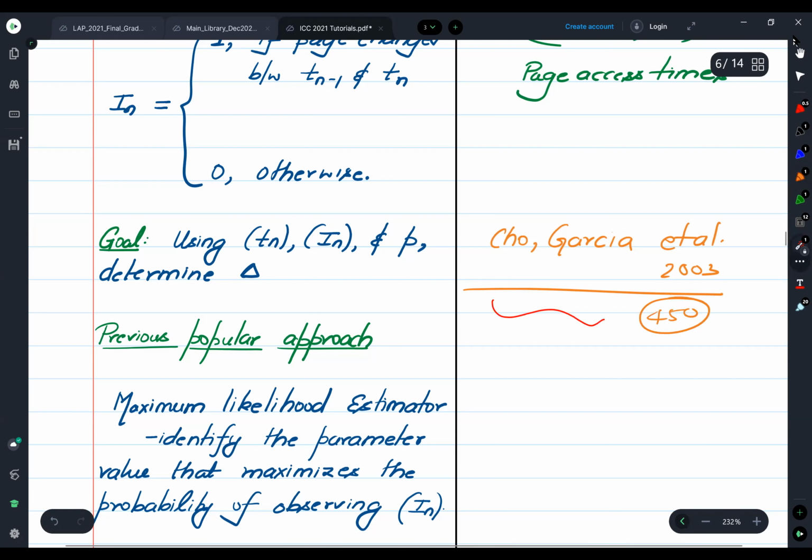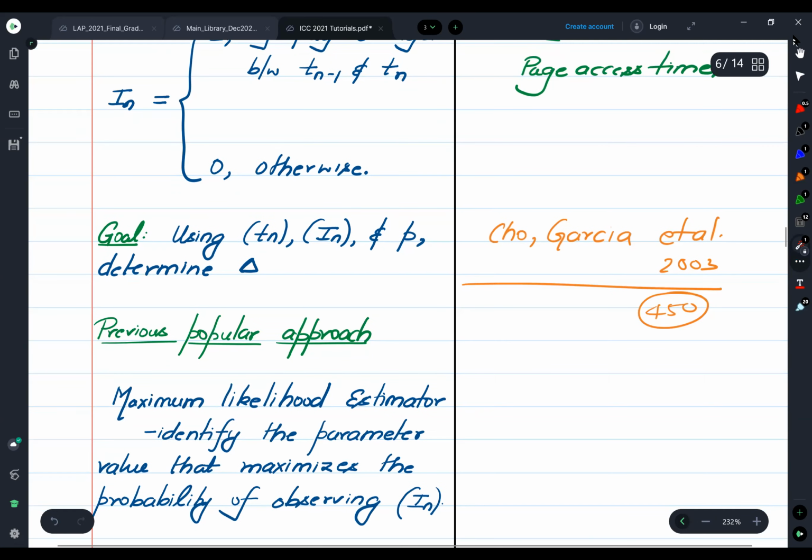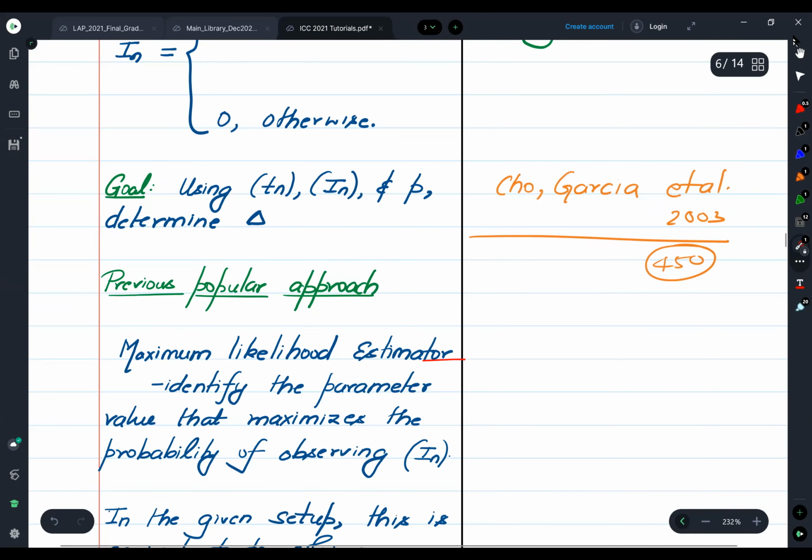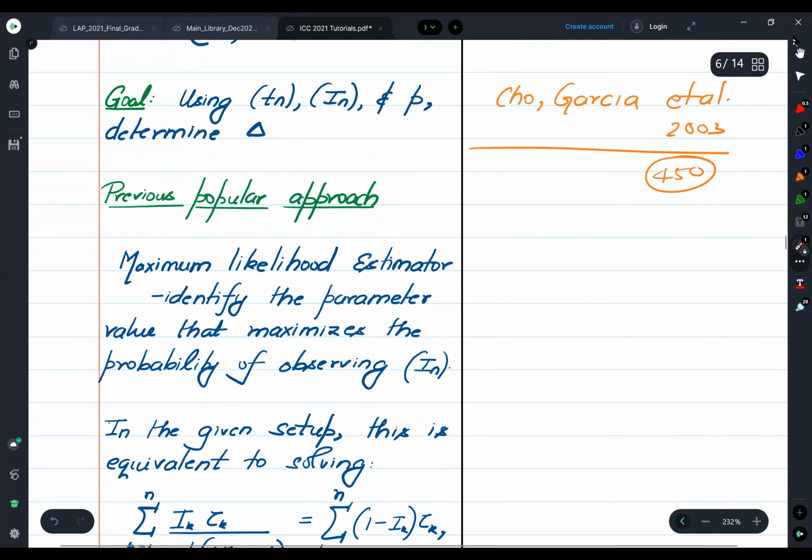If you look at this paper and see the method that is proposed, it is the maximum likelihood estimator. I'm sure most of you must have heard this term, but for those hearing it for the first time, the idea works as follows.